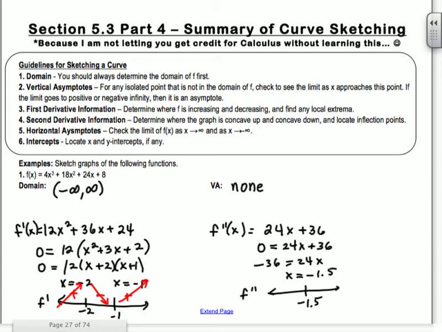So when you check these numbers in your second derivative, you get, so you could pull out a negative, or you pull out 12 if you want. But if I try like negative 3, I'd have 24 times negative 3, so that's a big negative number, plus 36, it's still going to be negative. So negative 72 plus 36. All right, if I try 0, I get 0 plus 36, that's positive. Okay, so don't draw your arrows up and down on these ones because now you're talking about concavity. So it's concave down and concave up.